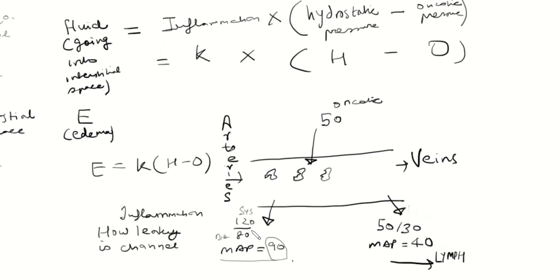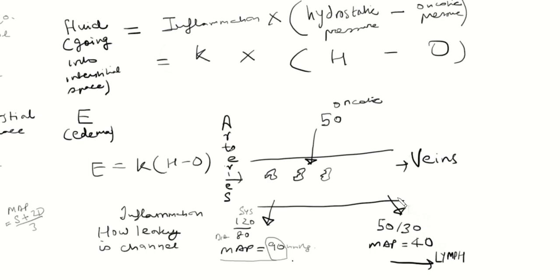Now, I can use some calculations: mean arterial pressure equals systolic plus 2 times diastolic, divided by 3, which now gives me one number representing my blood pressure and not two numbers. When I apply that concept, I get one number which is 90 millimeters of mercury, which is my pressure on this side of the blood vessel.